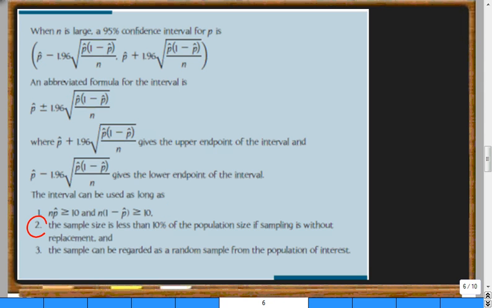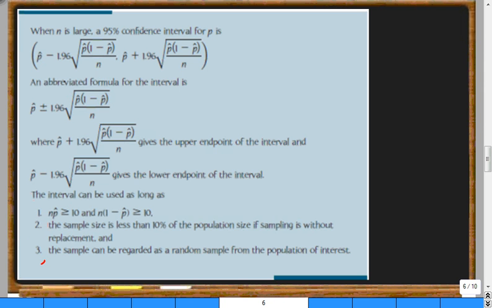The second thing is that our sample size needs to be less than 10% of the population without replacement. So generally, you're going to have to make some sort of assumption based off of the context of the study, that the data that we have is less than 10% of the entire population that we can take from.